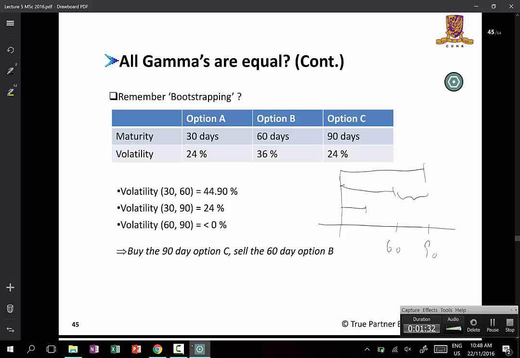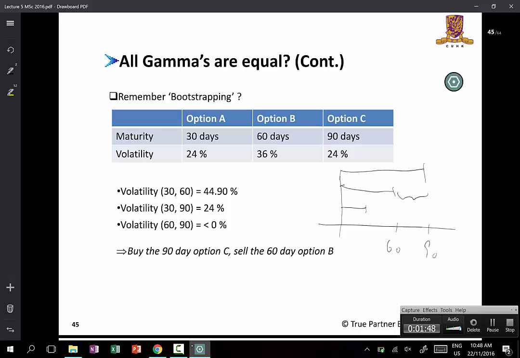This is kind of similar to interest rates. Now here you have a situation where when you do such a calculation, and there's a formula given as well, which I provided in my tutorials, and it's also in the lecture notes.